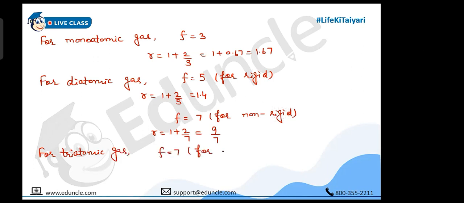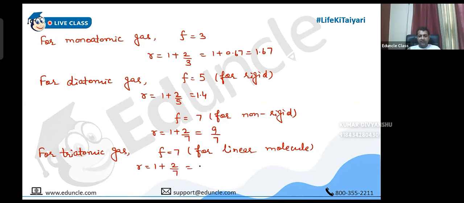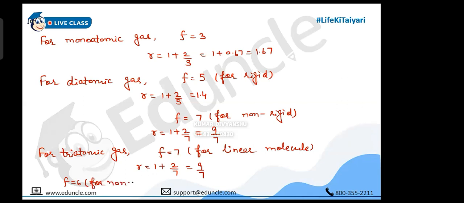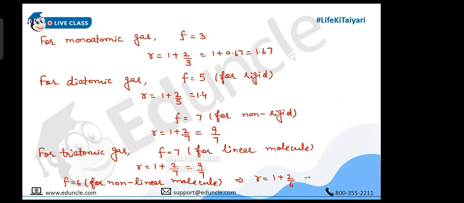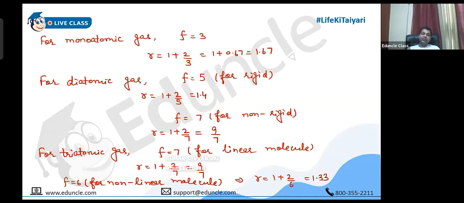For linear polyatomic, 7, again gamma is 9 by 7. And for non-linear, it is 6, so gamma is 1 plus 2 by 6, which is 1.33. Please check, everyone. This way you can remember, and this is very handy for examination. Again, an important one. No need to do it in detail. Just remember F and this formula, gamma equal to 1 plus 2 by F. Clear?